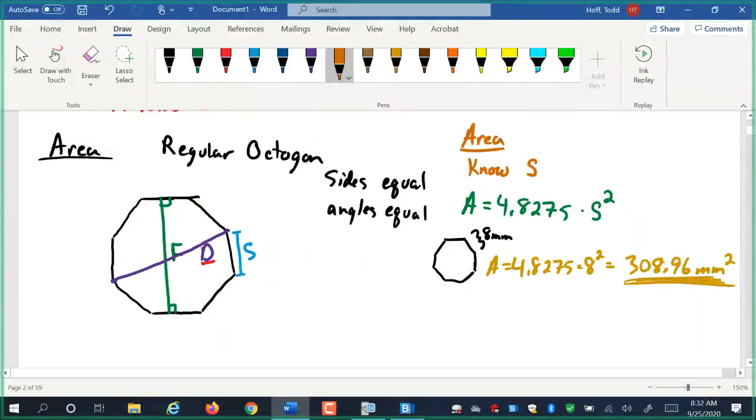Well, let's say that we know the flat distance, F. In that case, the area of our octagon is 0.8284 times F squared.